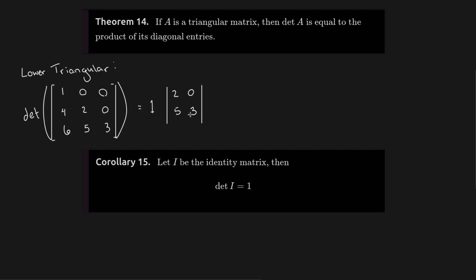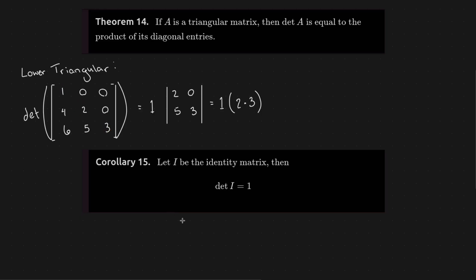Now to find the determinant of the 2 by 2, I take 2 times 3, minus 0 times 5. So 1 times 2 times 3, and 0 times 5 is just 0, so I don't have to worry about that. So I just get 1 times 2 times 3.